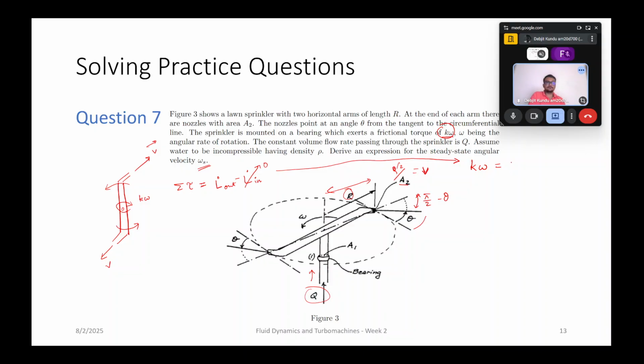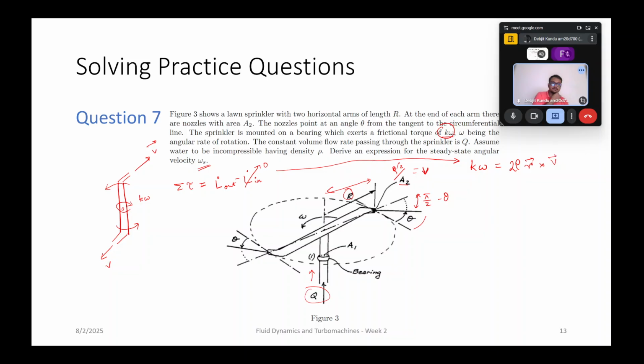is nothing but twice of the momentum. So no need of integral here. We'll just do r, and there'll be a rho I'll take outside.